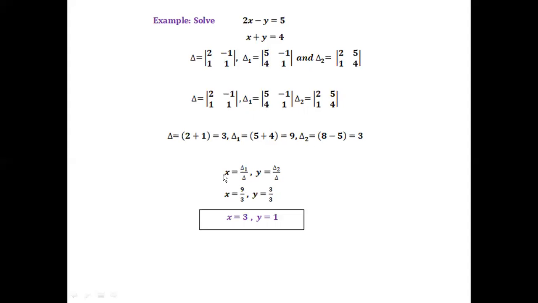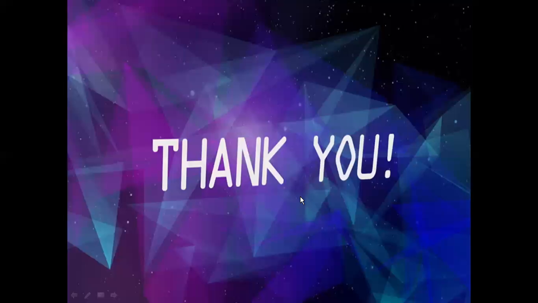So using the formula x = delta 1 upon delta, the value of delta 1 is 9, so x = 9 by 3, that is the value of x is 3. And y = delta 2 upon delta, the value of delta 2 is 3 and delta is 3, so 3 by 3 is 1. So this is the solution by using Cramer's rule. By using determinants, we can evaluate any linear equations. Thank you.